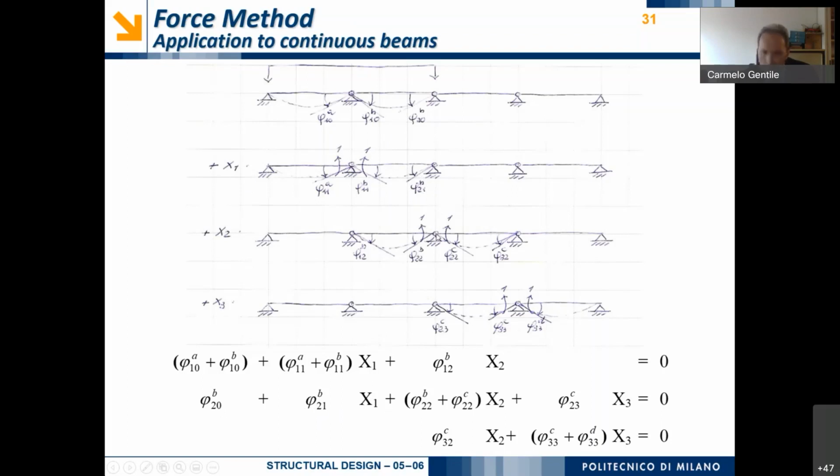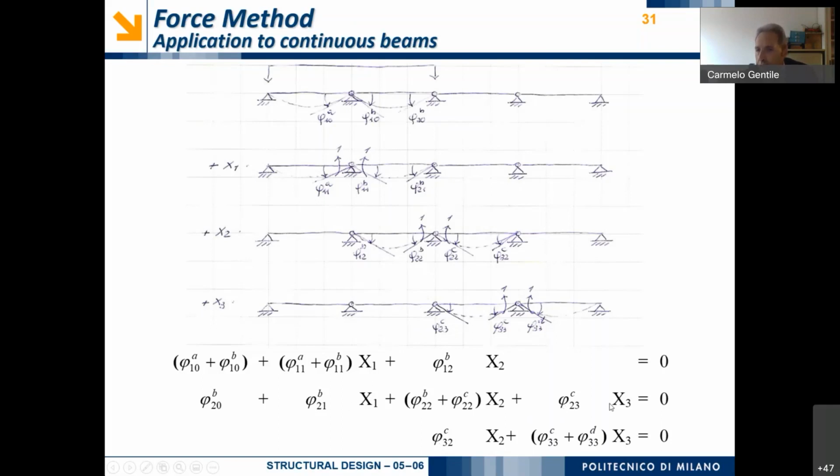Afterwards, we have to make the summation also of the terms corresponding to the effect of x2. So x2 times phi22B plus phi22C. And finally, we have to sum up the last effect, which is the effect associated to x3.